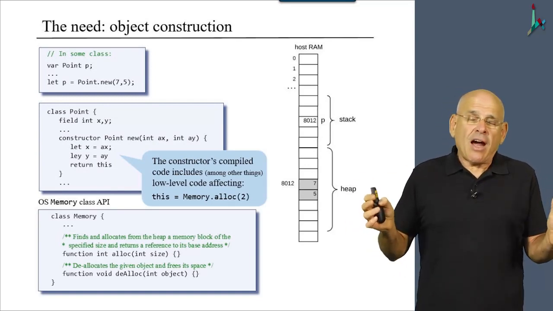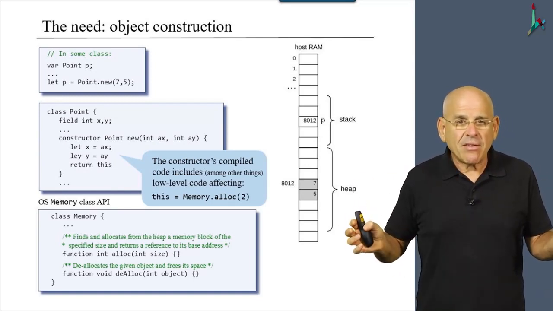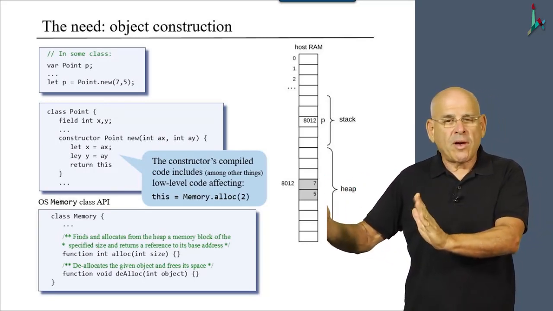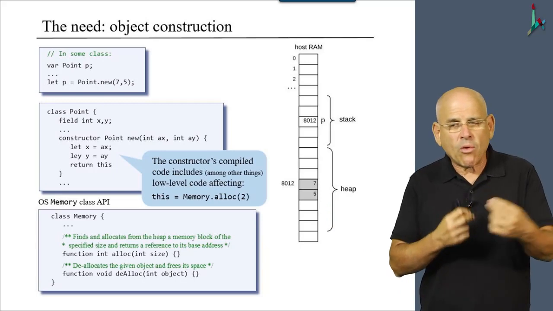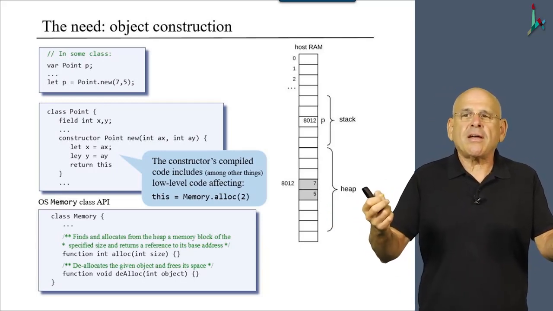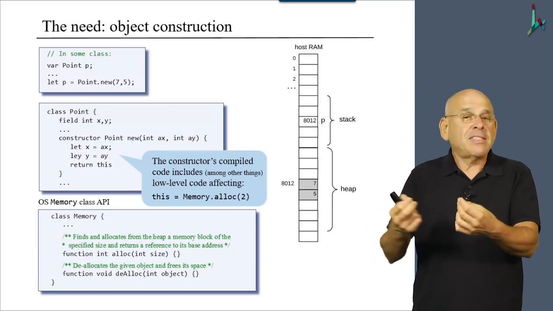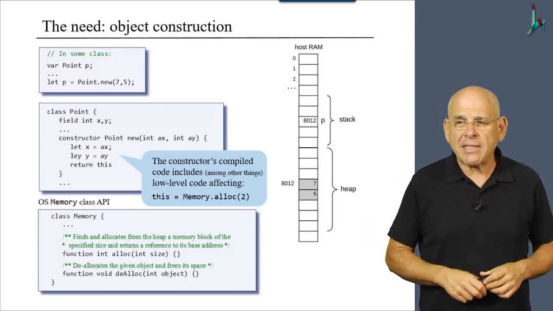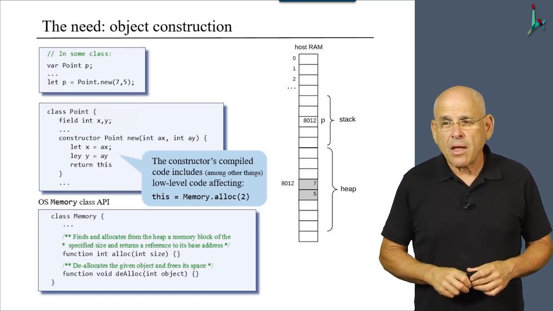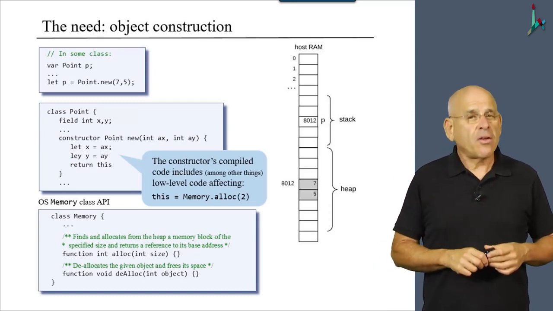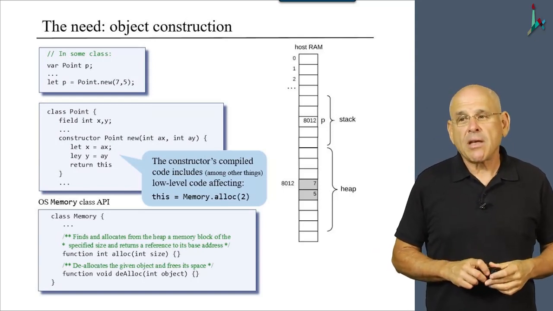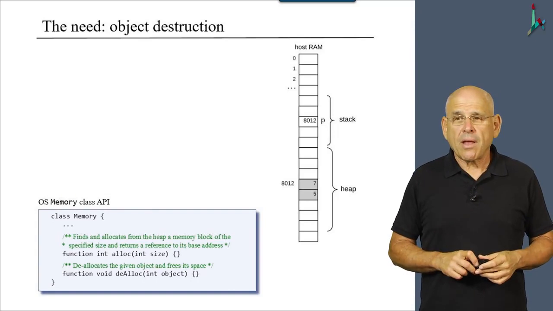And because in our computer everything is 16-bit, both the data types at the high level and the width of the words in the memory, there's a one-to-one correspondence between the number of fields that an object necessitates and the size that you're going to pass to the alloc OS function. So that's how the constructor is going to handle the allocation of space for the new object.